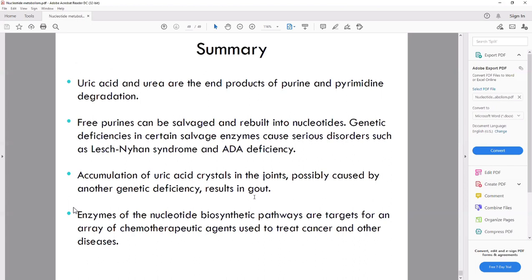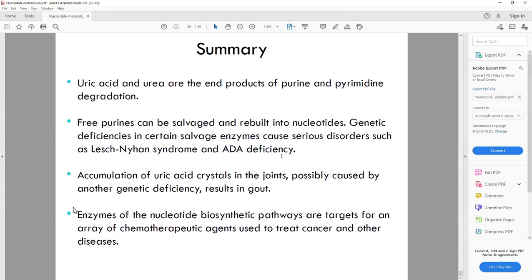So we need to make sure the bases are reutilized so there is no accumulation of these bases, which can lead to a high concentration of uric acid. Few purines can be salvaged and rebuilt into nucleotides, and genetic deficiencies in certain salvage enzymes cause serious disorders such as Lesch-Nyhan syndrome and ADA deficiency.